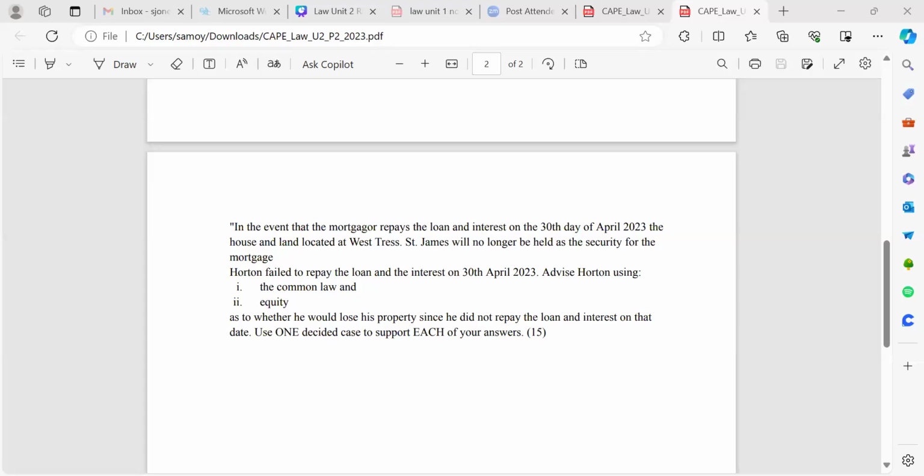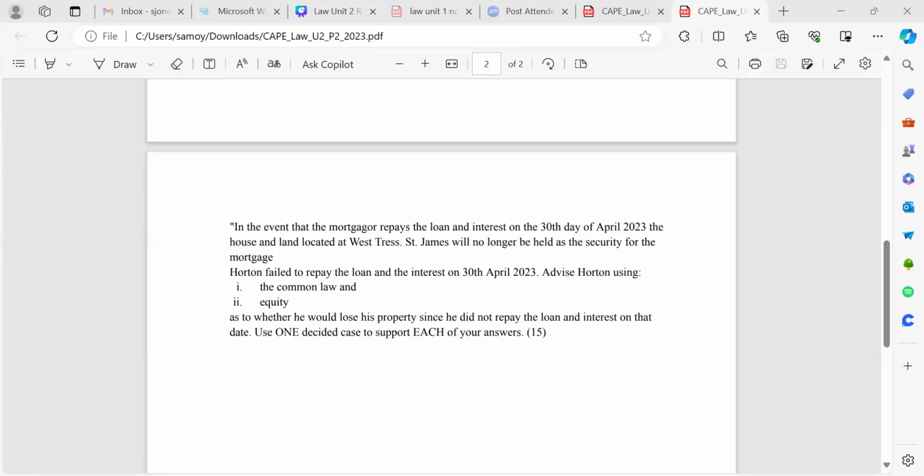Common law says that if the mortgagor fails to repay the mortgage by the date stated by the mortgagee, then the mortgagee has the right to basically foreclose the property, or take back the property, because the property is basically collateral. So they take it back for the repayment of the loan. So under common law, because he couldn't repay the loan, he would lose the property.